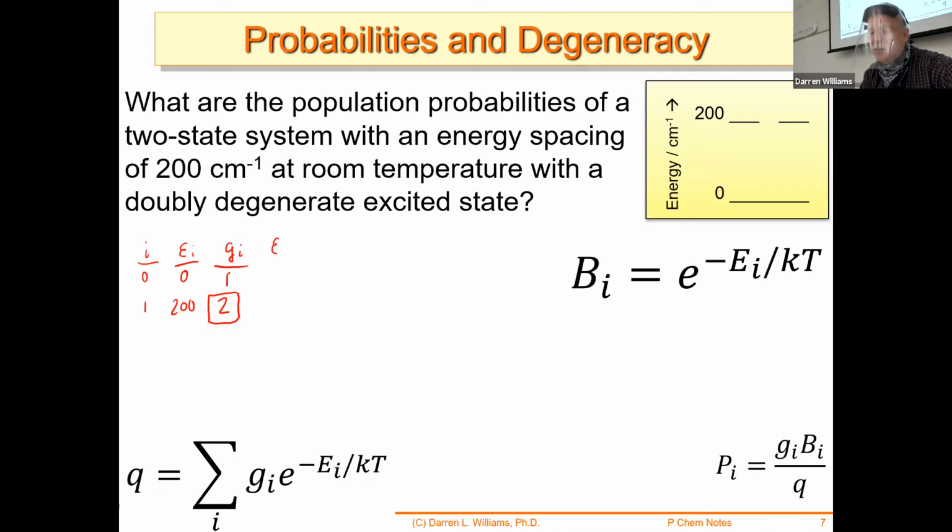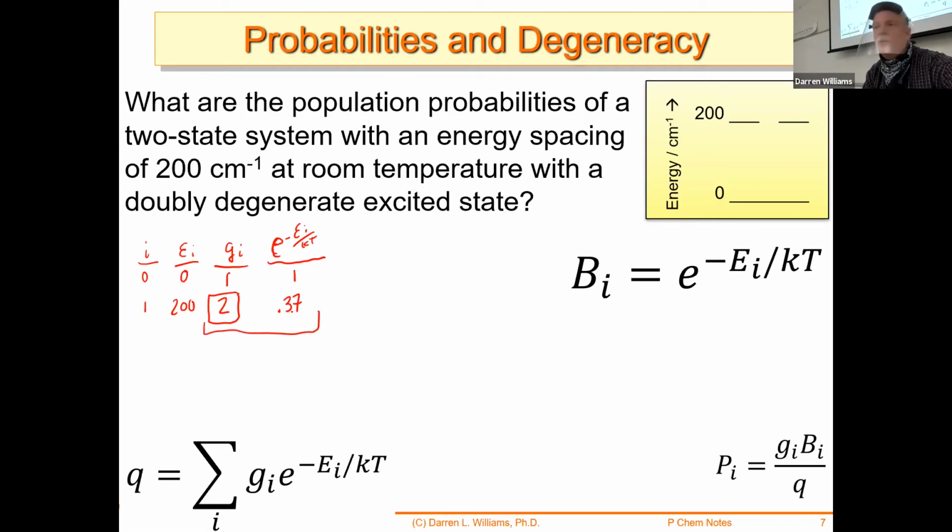Let's see, e to the minus epsilon over kT. This one doesn't change because the ground state is still energy 0, and so e to the 0 is 1. And the next one doesn't change, it's still 0.37. But look at our partition function now.